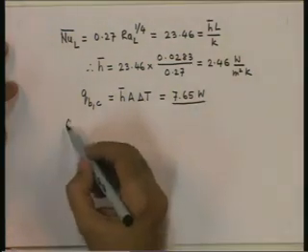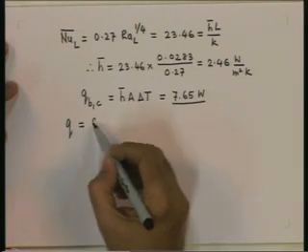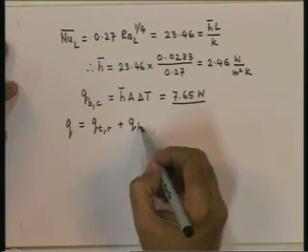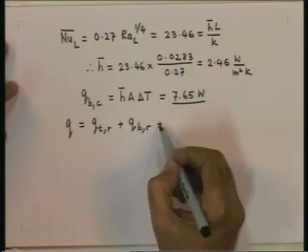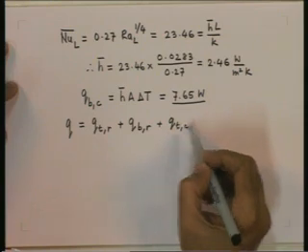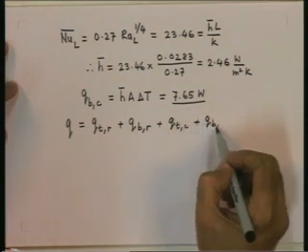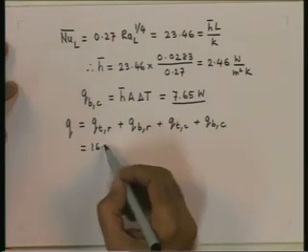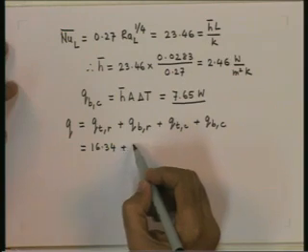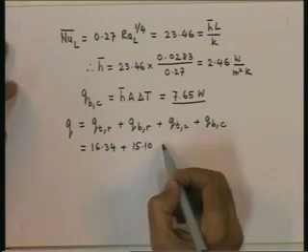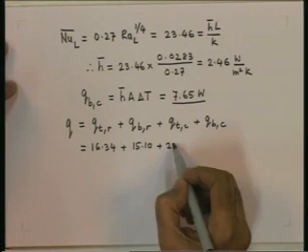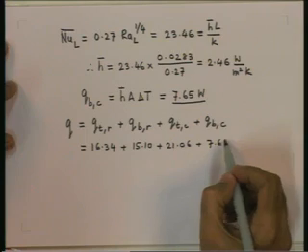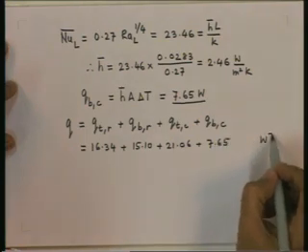So, our total heat loss Q, which is Q from top by radiation plus Q from bottom by radiation plus Q from top by convection plus Q from bottom by convection. Let us write down these terms: 16.34 plus 15.10 plus 21.06 plus 7.65, everything in watts.